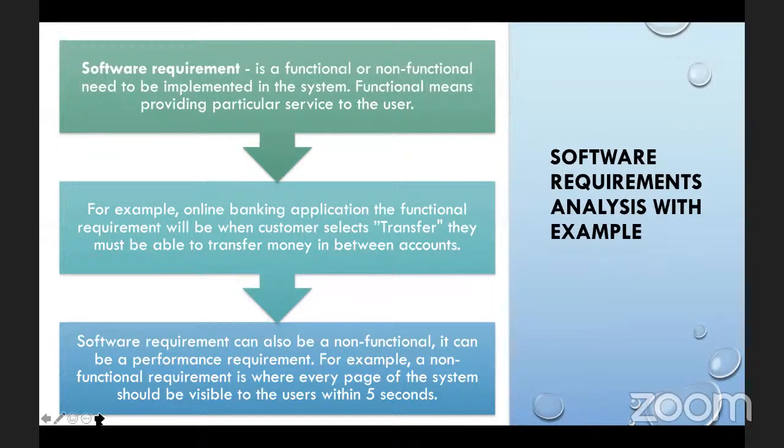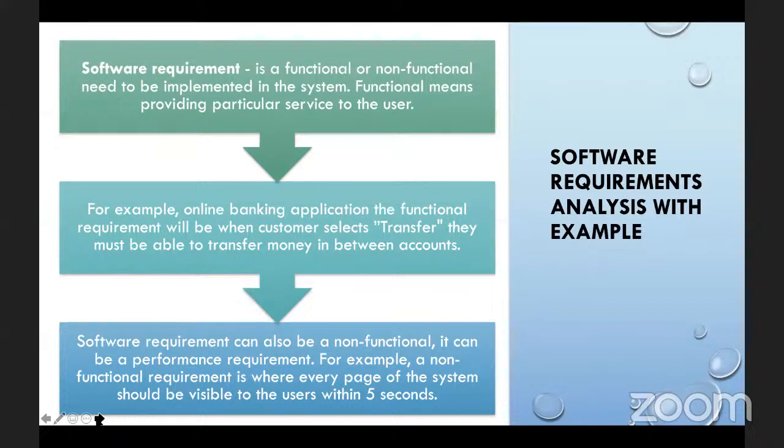All right. So whilst you put a requirement together, there are certain things that are very critical, and they are functional requirements and non-functional requirements, right? There are other things that are equally important, but I will highlight these two as we move forward. So a software requirement, what is it?